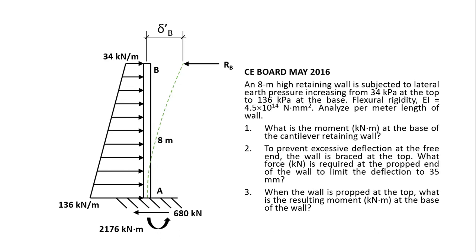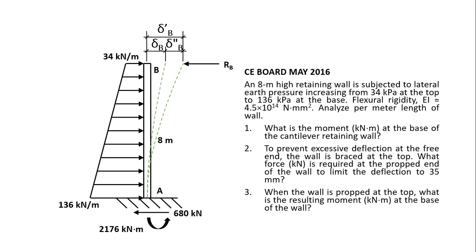But not the full extent na matutulak niya ng hanggang sa original position. Sabi niya rito, ilan yung required to limit the deflection to 35 mm. So unlike kanina na ang deflection ay 0, ngayon naman may matitirang 35 mm, which means kapag tinulak ng RB, hindi niya fully may babalik dun sa original position ng point B. So we will call this as delta double prime B. And itong delta B, obviously, yan yung 35 mm.